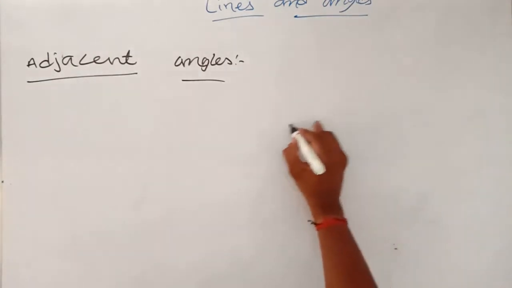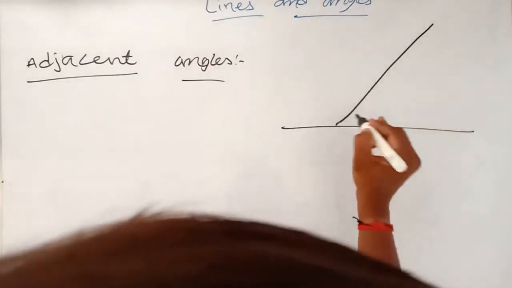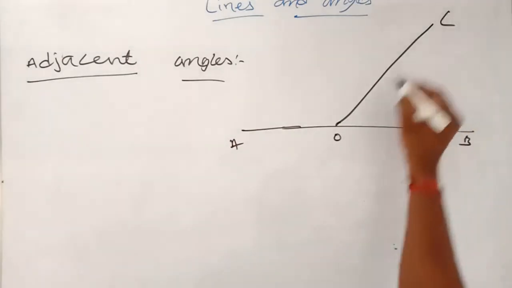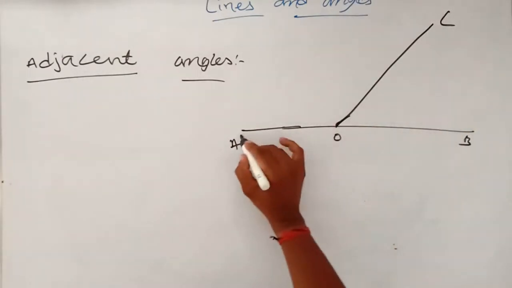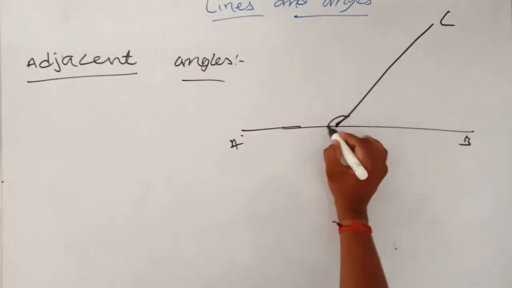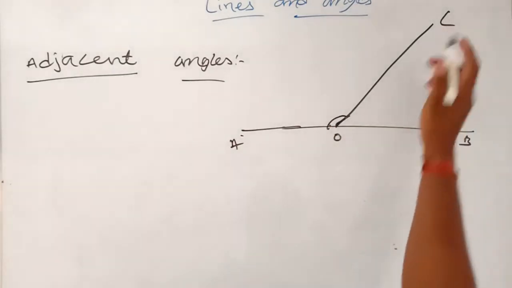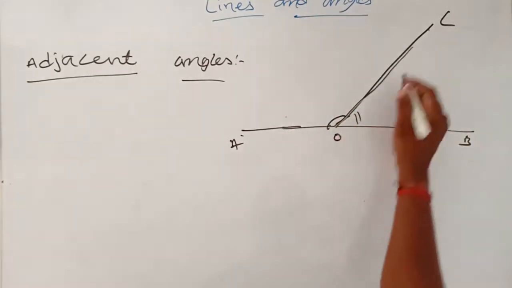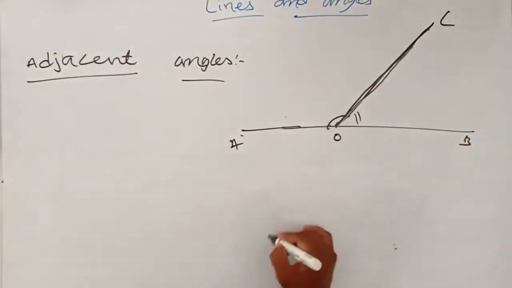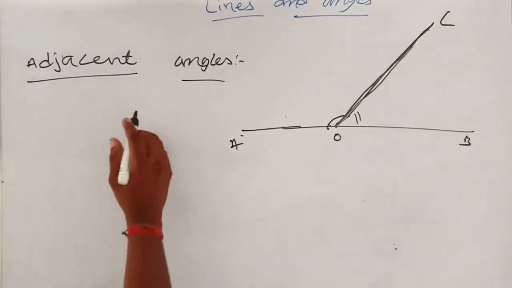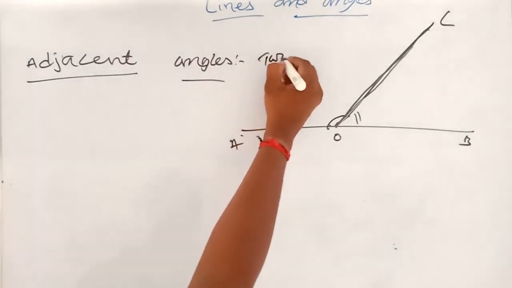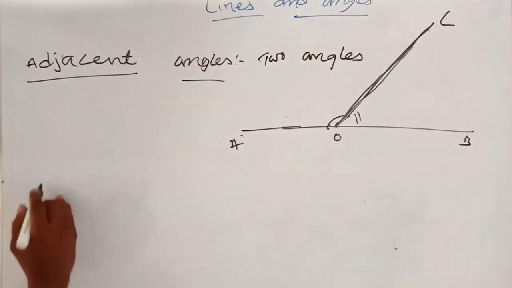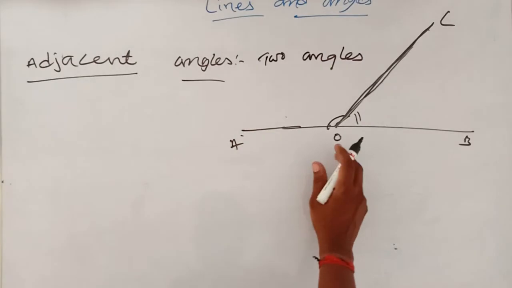So here I am taking the figure A, O, B and C. Angle AOC is adjacent to angle BOC, because in these two angles AOC and BOC, OC is the common arm. So the definition is: two angles are said to be adjacent if they have common vertex and common arm.